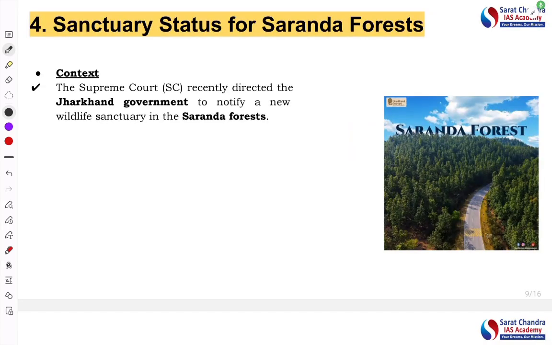An important article is related to the sanctuary status for the Saranda forest. Let's understand the background. Whenever it comes to issues related to forest nature, different angles are involved. One is the environmental angle, the conservation point of view. Second is the rights of tribal and indigenous communities.